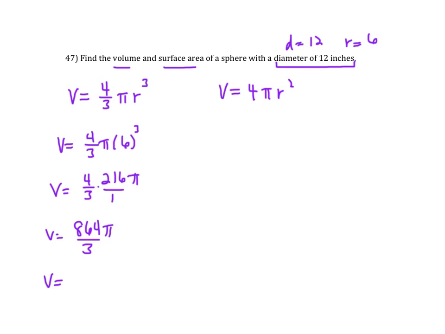So 864 divided by 3 is going to give us 288 pi, and it'll be in inches cubed, because that's a volume, so it's measured in cubic inches.